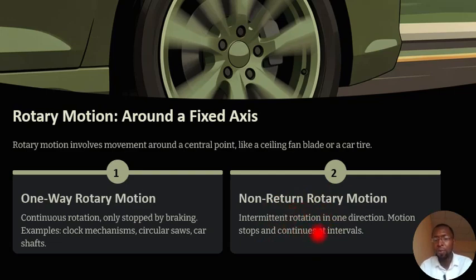It stops a little and it keeps moving in that one direction, but it will be stopping gradually. So motion stops and continues at intervals. That would be my intermittent. Unlike this one-way, the motion does not stop. The only time it will stop is when there is a brake. Alright, so these are the two types of rotary motion we have, the one-way rotary and the non-return rotary.